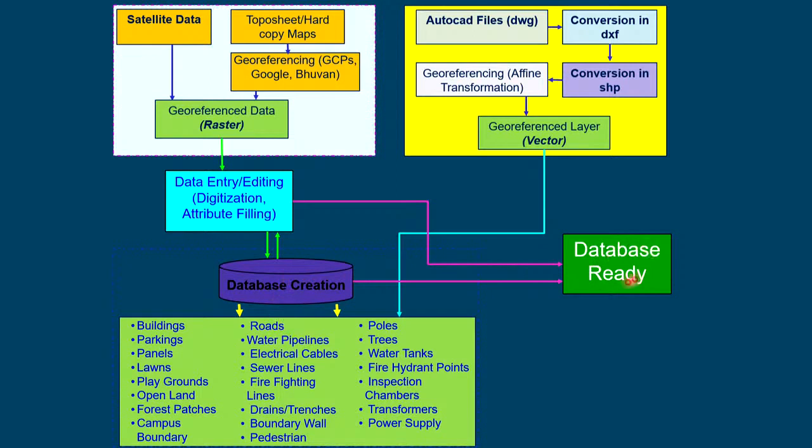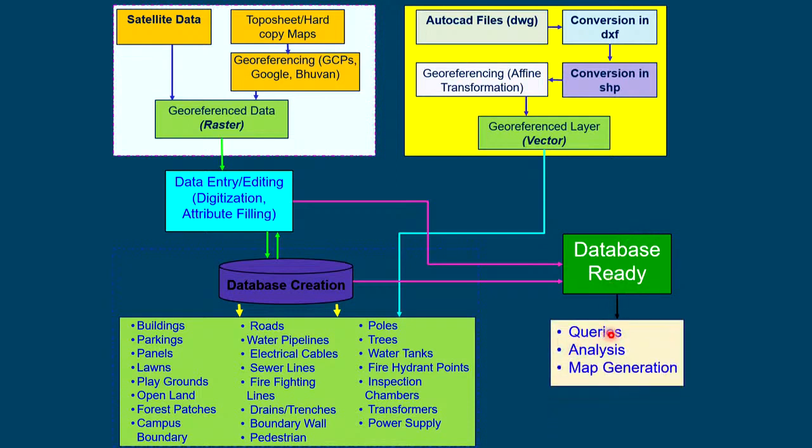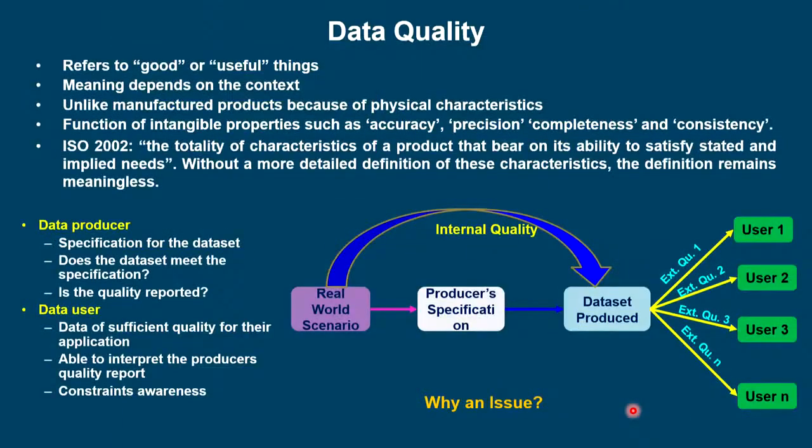It means the database is ready. Once it is ready, you can perform certain types of queries or analysis, or generate certain maps, or you can update anytime whatever data set you have generated. So these are the functions available with GIS systems.